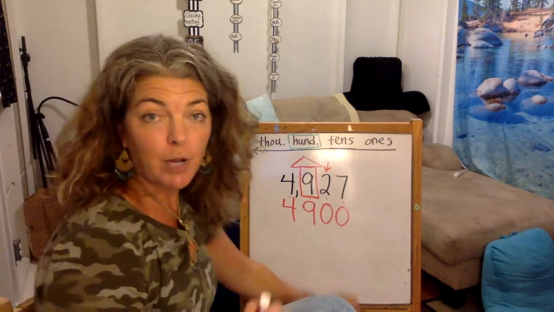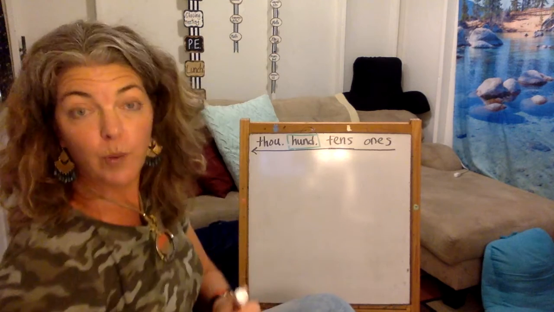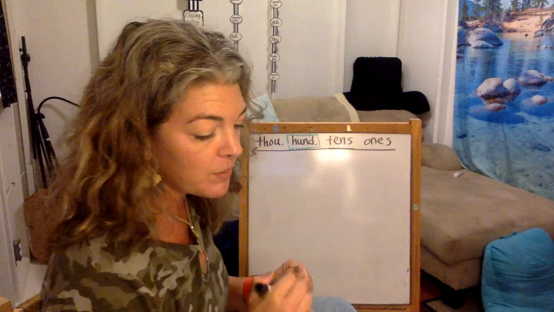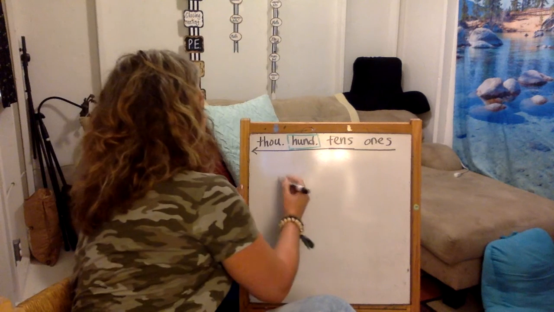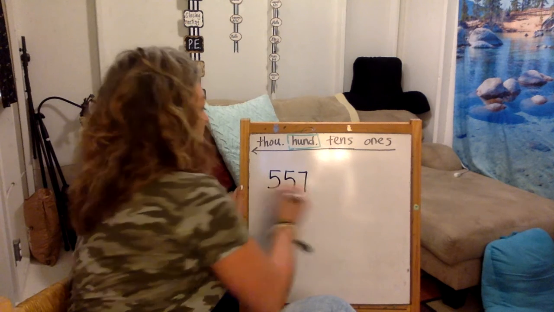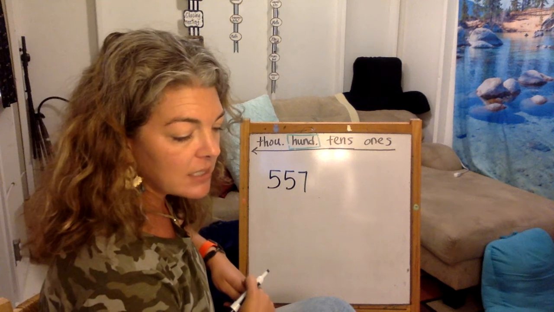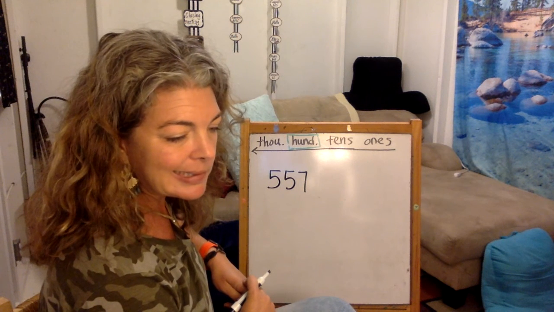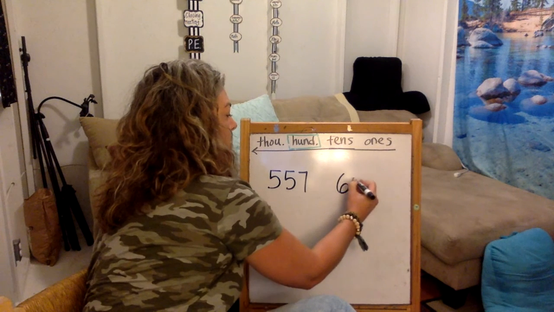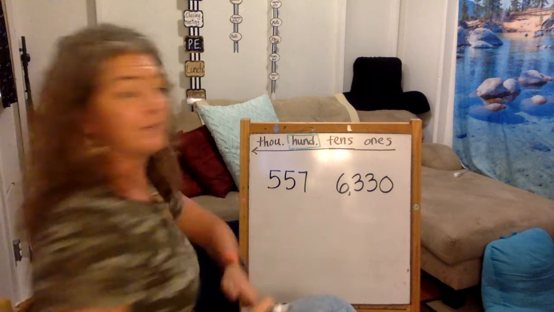I'm going to put a couple of problems up here, and I'd like you to do it on your whiteboard or your paper. We are rounding to the hundreds place today. 557 and 6,330.